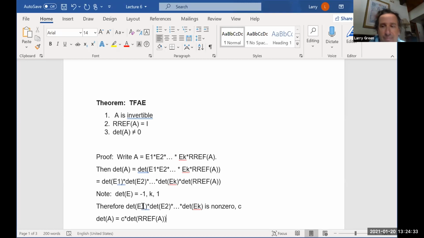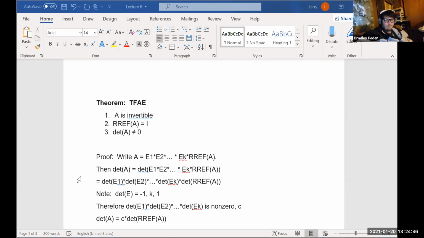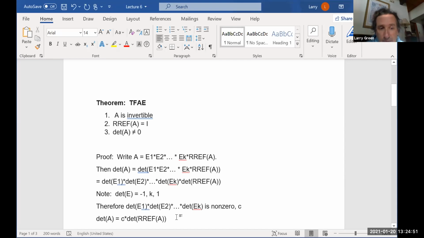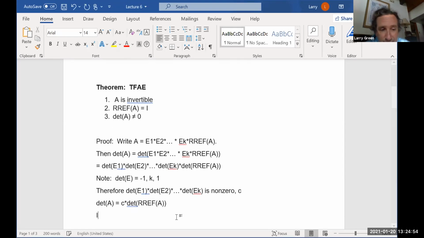Okay, but if you have a square matrix and you RREF that square matrix, what could happen? You could get I. Yeah, you can get the identity. So notice first, if RREF of A is equal to I, then the determinant of the RREF of A, what's the determinant of I?